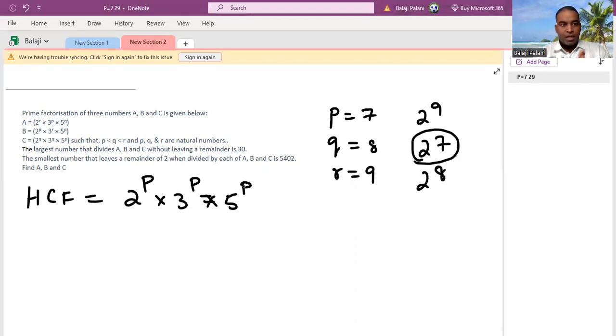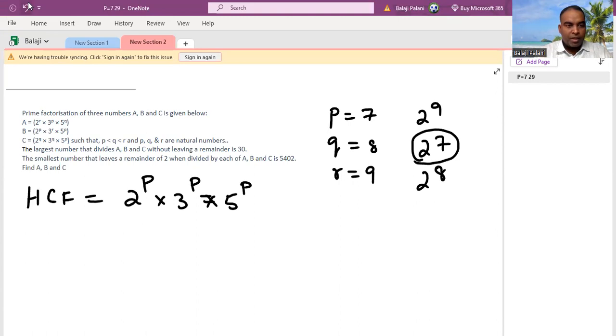As P is less than Q and Q is less than R, the smallest available power from A, B, and C is P.